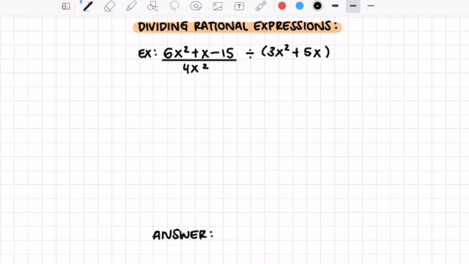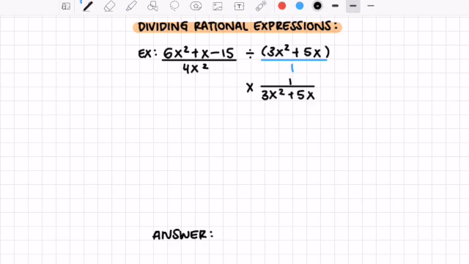So just a reminder, whenever you have a whole number, you can always write a 1 underneath it to make it a fraction. So from here, I'm just going to flip it and change my division sign into multiplication. So I get 1 over 3x squared plus 5x.